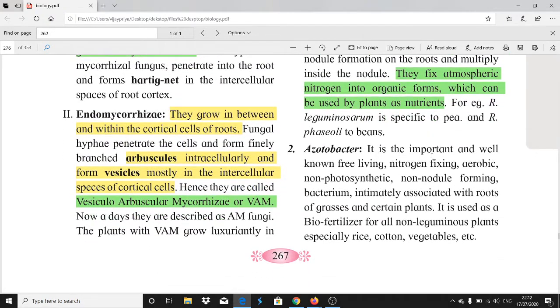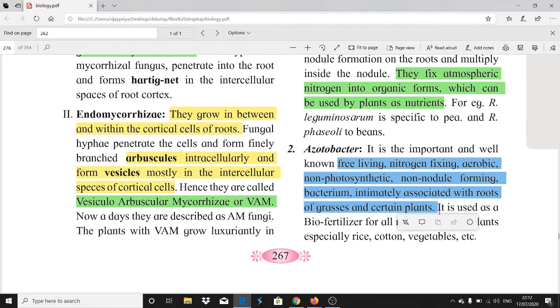Azotobacter, now it is an important and well known free living bacterium. It is free living, nitrogen fixing, aerobic, non photosynthetic, and non nodule forming. It is intimately associated with the roots of grasses and certain plants.